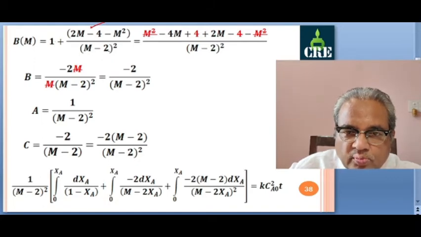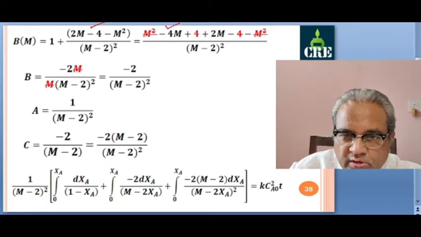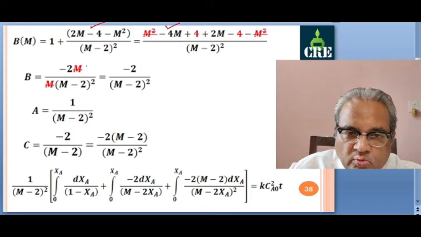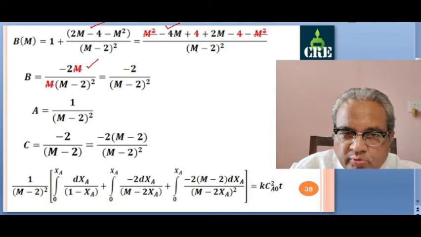M square minus 2 into 2M, which is minus 4M, plus 4. So this term is nothing but the expansion M square minus 4M plus 4. Then we have plus 2M minus 4 minus M square. So plus M square minus M square cancels out, plus 4 and minus 4 cancels out. Minus 4M plus 2M is minus 2M. So you are left with only minus 2M by (M minus 2) whole square.